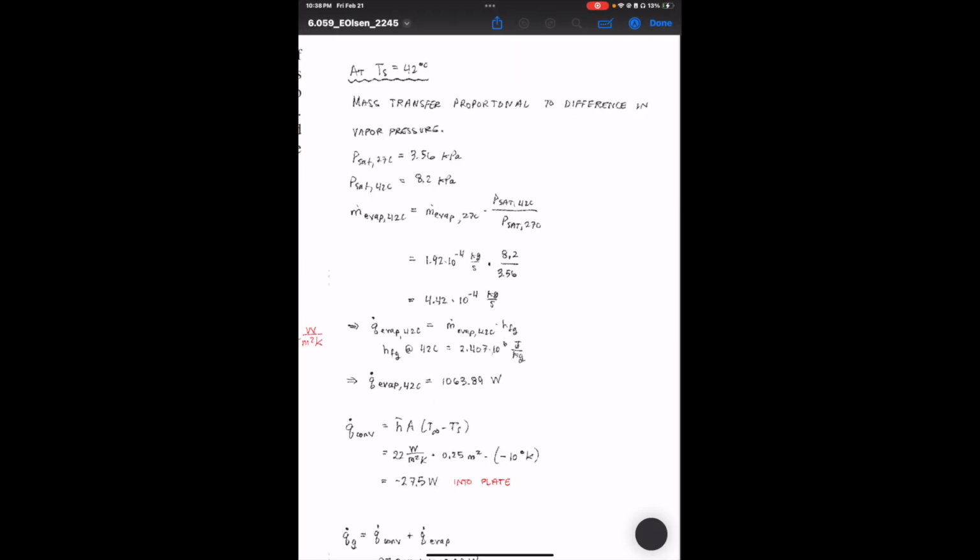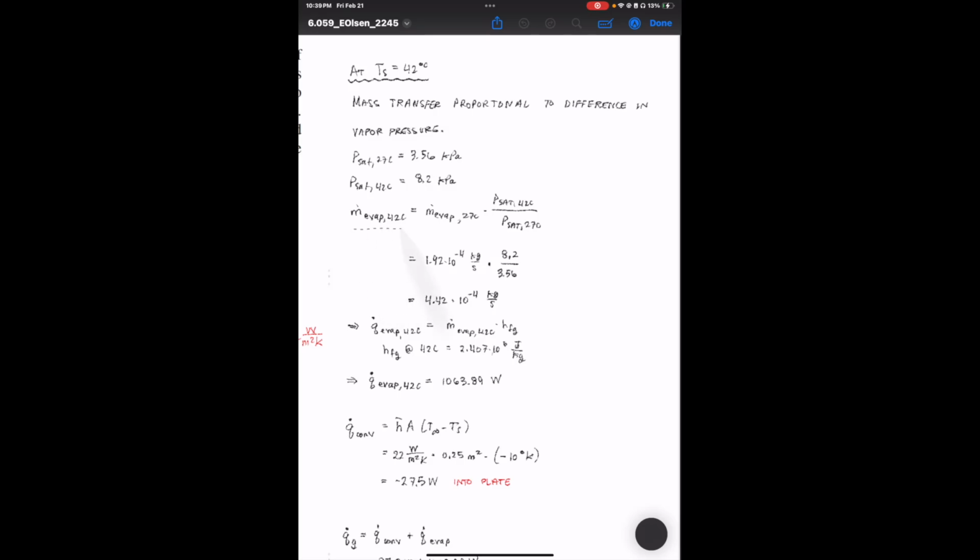We can then relate that to our 42 degrees Celsius isothermal plate by relating the mass transfer between the two. We know that the mass transfer rate is going to be proportional to the difference in vapor pressures at the two different surface temperatures. And so if we find our saturation vapor pressures of water vapor at our two plate temperatures, 27 Celsius and 42 Celsius, we can see that there's quite a big difference here.